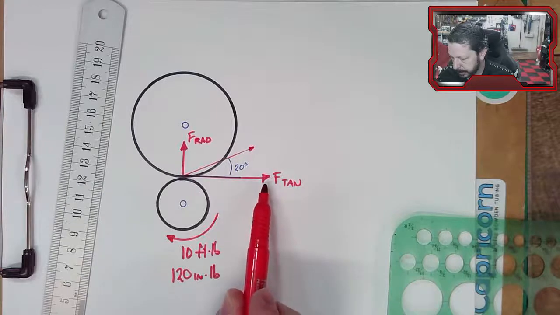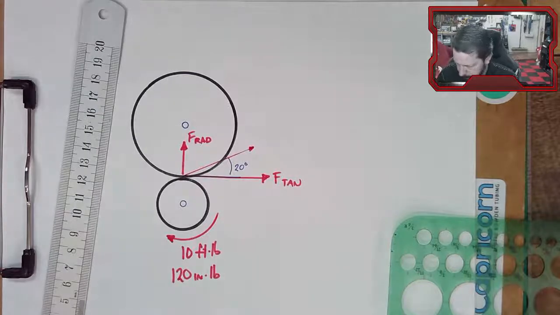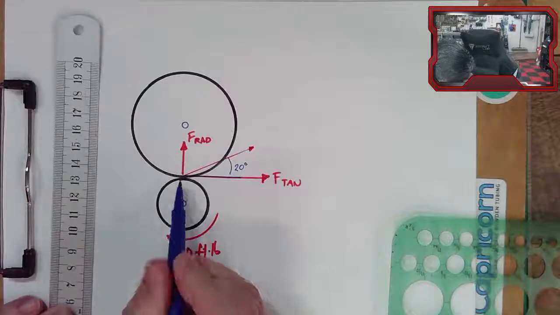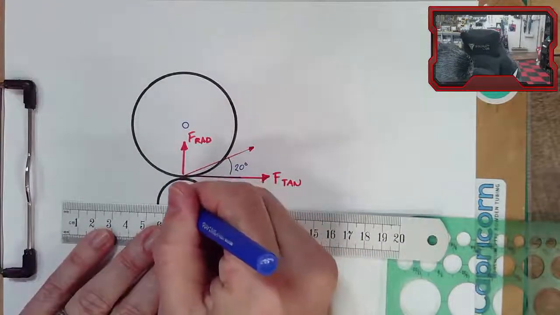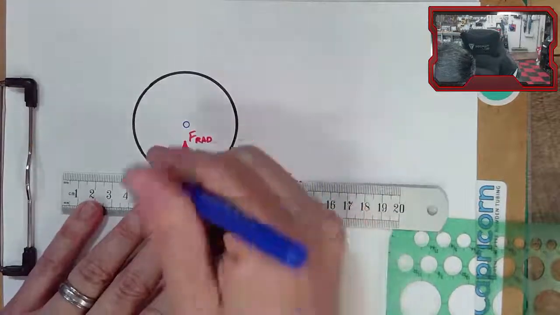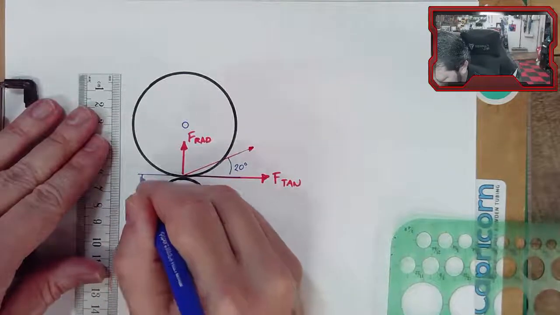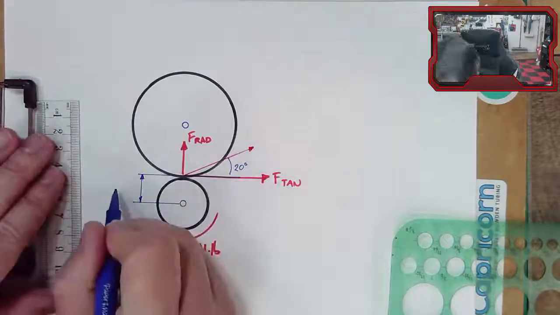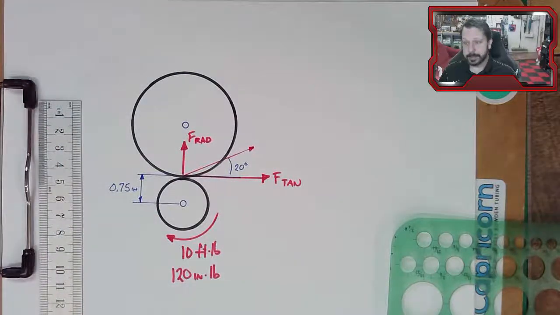So I can figure out this tangential force by knowing a couple of things. First of all, I know that this radius right here is half of the diameter. This diameter was 1.5 inches, so this is a 0.75 inch radius.